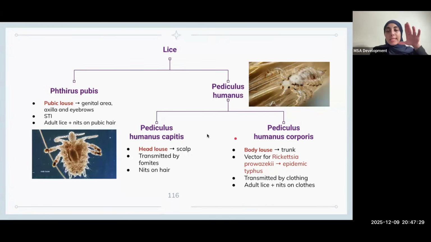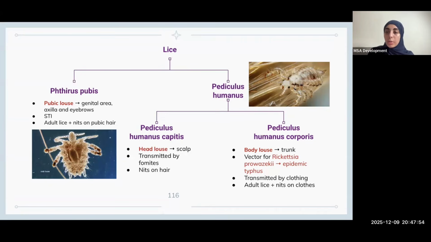And a very important thing is that in capitis, the one that's on the scalp, the head lice, it only causes head lice. But the corporis one, which is on the body, the same parasite, the same organism, the same louse, can carry something. It can be a vector. Okay, so you know how you have some bacteria that need a vector to carry it around, like a mosquito or whatever.